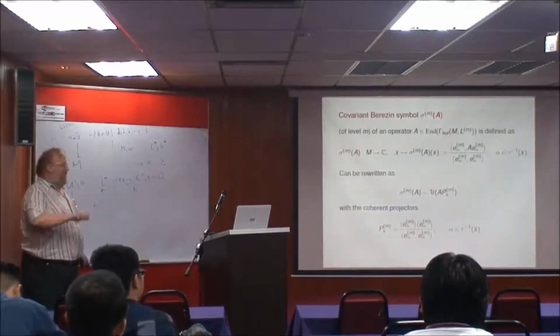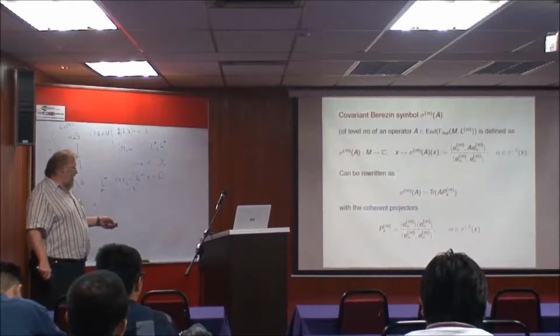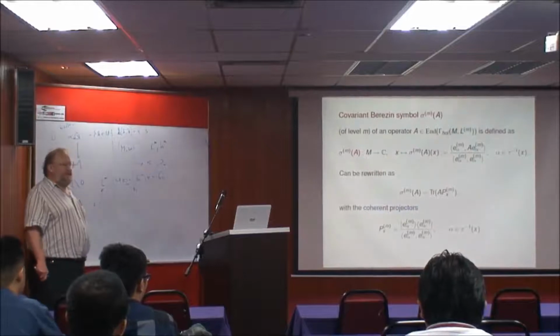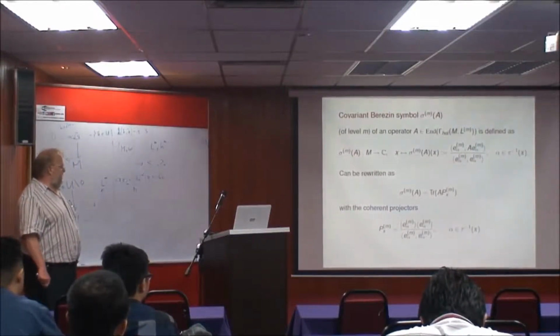So this is the coherent projector. And we can then write it as the trace of the coherent projector applied to A. This is the Berezin symbol, the covariant Berezin symbol.